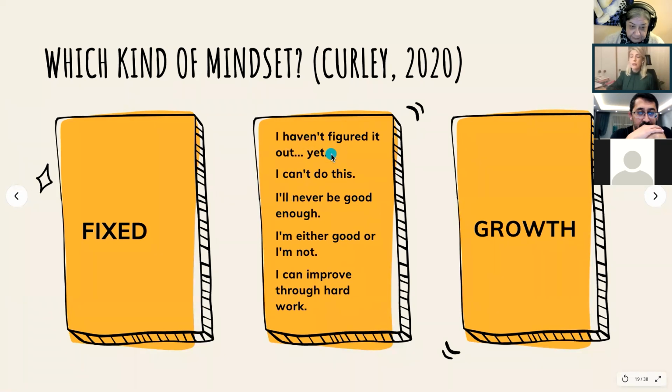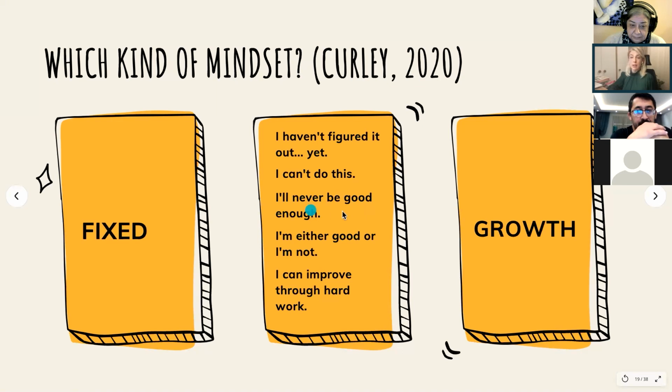So let's take a look at these statements and categorize them. The first one that I would like to highlight is, "I haven't figured it out yet." Do you think it's the fixed mindset or the growth mindset? Growth, exactly. What's the key word that you can notice? Yet, exactly. And the second one, "I can't do this." Fixed. No option, no room for progress, no room for effort, and not feeling enough in terms of practice and being successful.